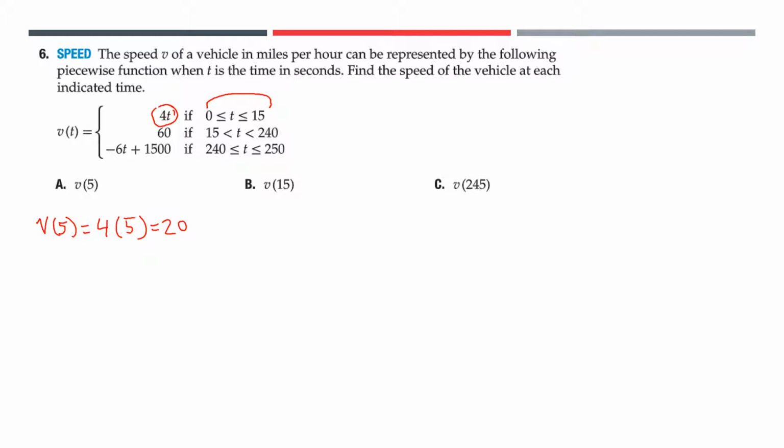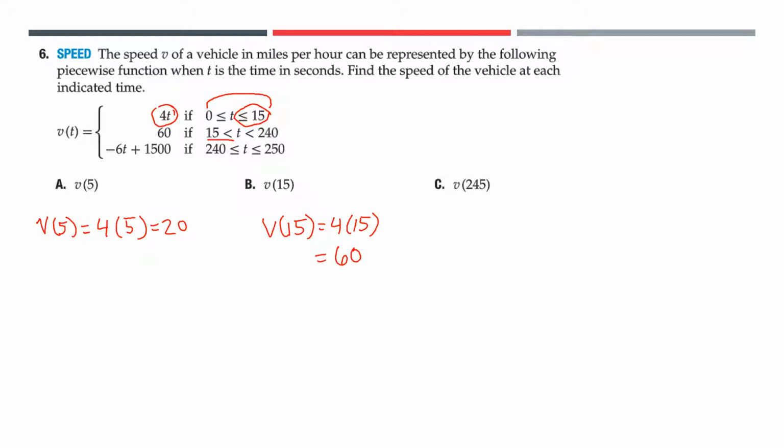So if you look here, this equals 15, where this one does not equal 15. So I need to use this top formula and not the bottom formula. So V of 15 equals 4 times 15, which is 60.